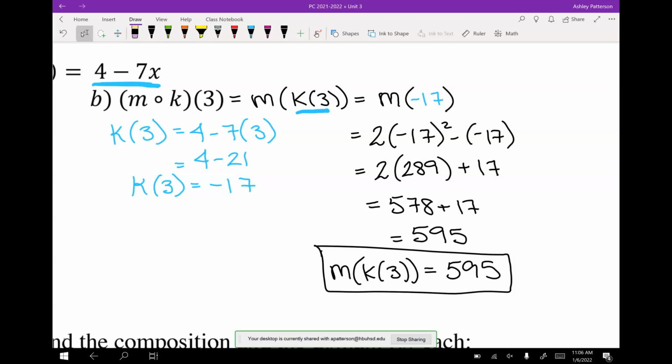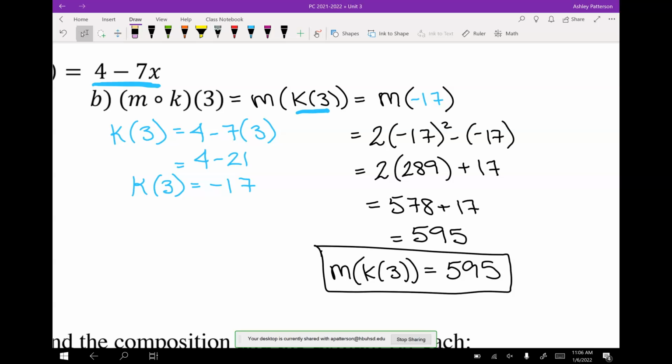Is it true that when we had k of 3, we went and inputted 3 into the function of k? Was that right? That was our input, correct? Okay. And we simplified down, and we found that the output was negative 17. Is that correct? Okay. We then took the output and substituted it into the outside function, right?